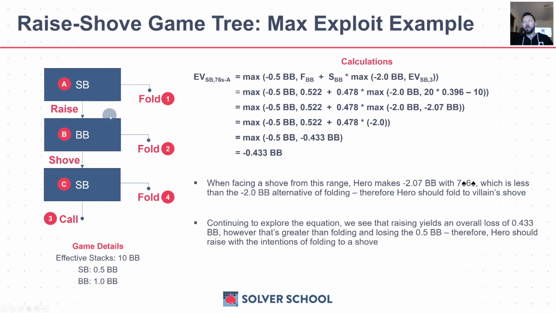But we also see that raising yields an overall loss of 0.433 big blinds, which is better than folding and losing 0.5 big blinds. So hero should actually raise with the intention of folding to a shove, which I know might be a little counterintuitive, but this is the math of this game, and this is the actual maximum EV way to play 7-6 of spades versus this exact range within this exact game.